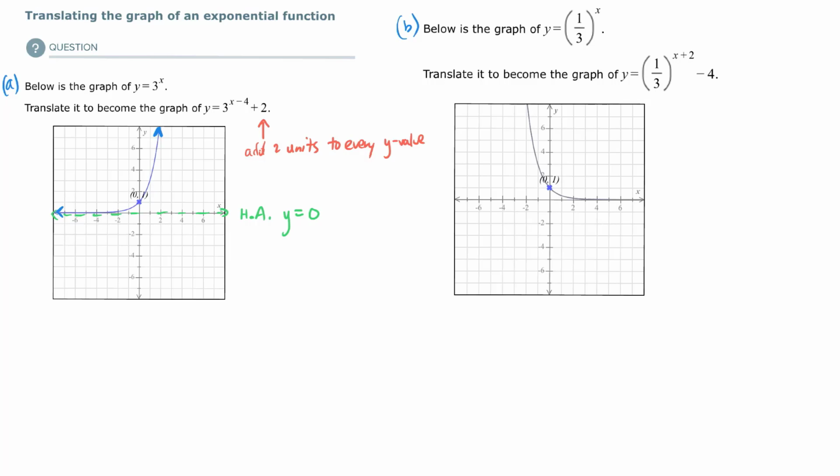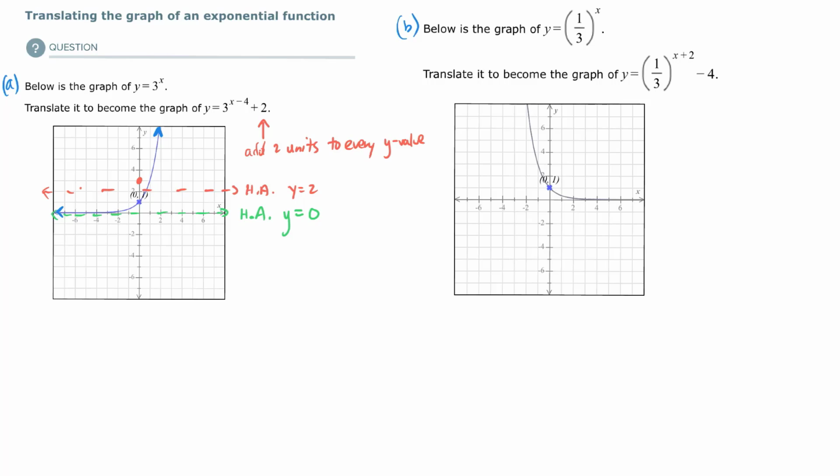If we add 2 units to every y value, instead of getting 0, 1, we get 0, 3. And then we're going to move the horizontal asymptote as well, 2 units up. So the horizontal asymptote needs to be relabeled. Make sure you relabel your horizontal asymptote to be y equals 2. And now we're able to draw.